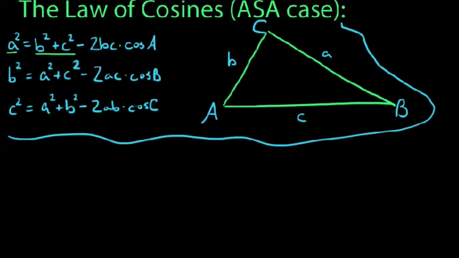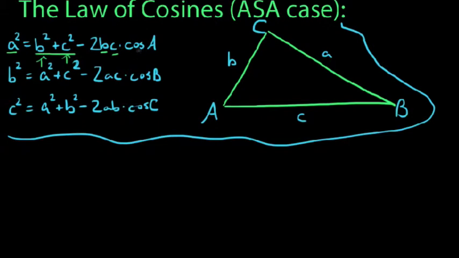Advancing past this, you'll notice all three forms of this formula have minus next, minus 2 times two side lengths, and these side lengths happen to be b and c in this first part. How do I know b and c? Well, they were the same two numbers that I just ended up squaring on the right anyway. So if I said a squared equals b squared plus c squared, which is Pythagorean-like, immediately following I know it's going to be minus 2b times c. And then last but not least, we have a cosine tacked onto the end of all of these formulas.